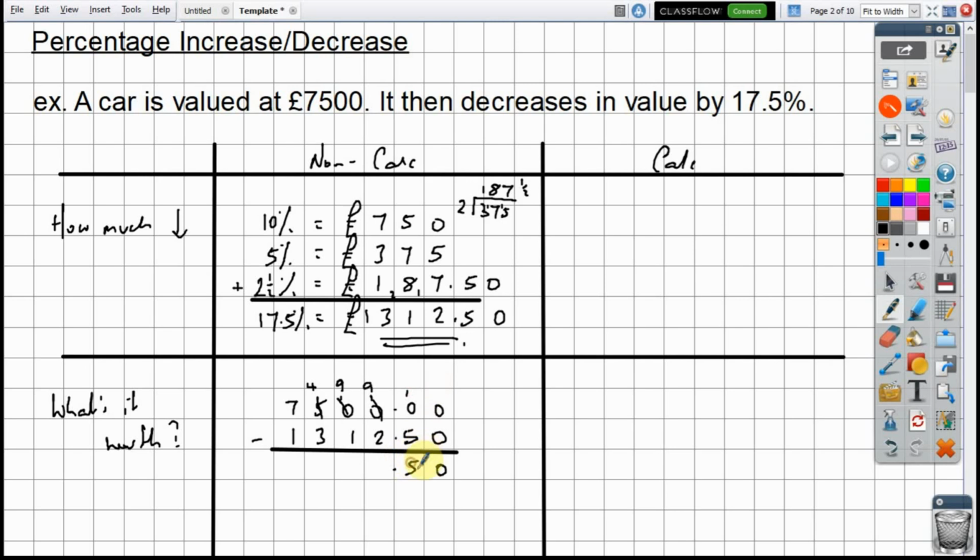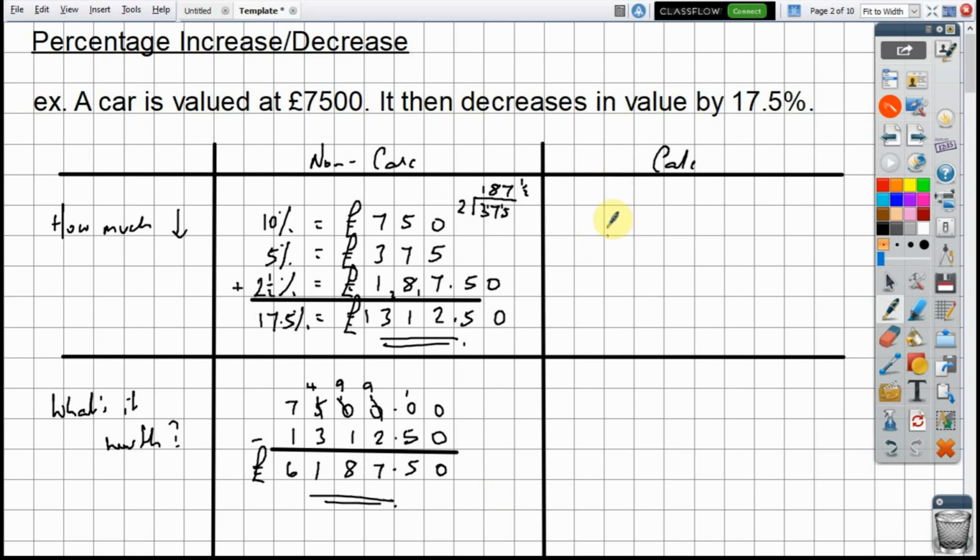Ten take 5, 9 take 2. Like I said, be accurate. 9 take 2 is 7, 9 take 1 is 8, 4 take 3 is 1, 7 take 1 is 6. There we go. So the car is now valued at £6,187.50.